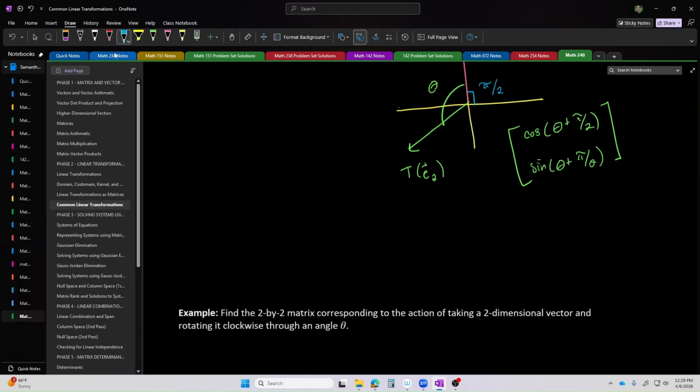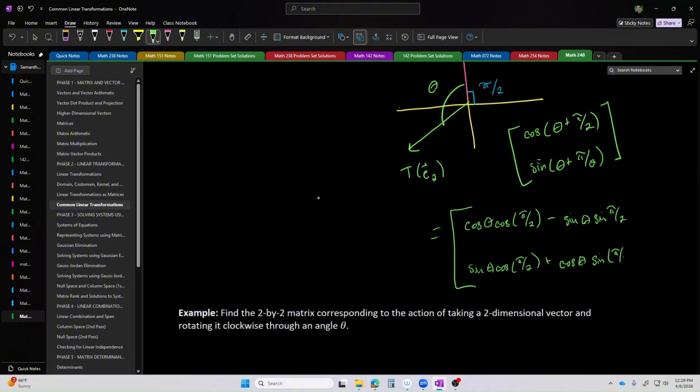So for example, if I apply that here, I'll get cos theta cos pi over 2 minus sine theta sine pi over 2. And in the bottom row, sine theta cos pi over 2 plus cos theta sine pi over 2.